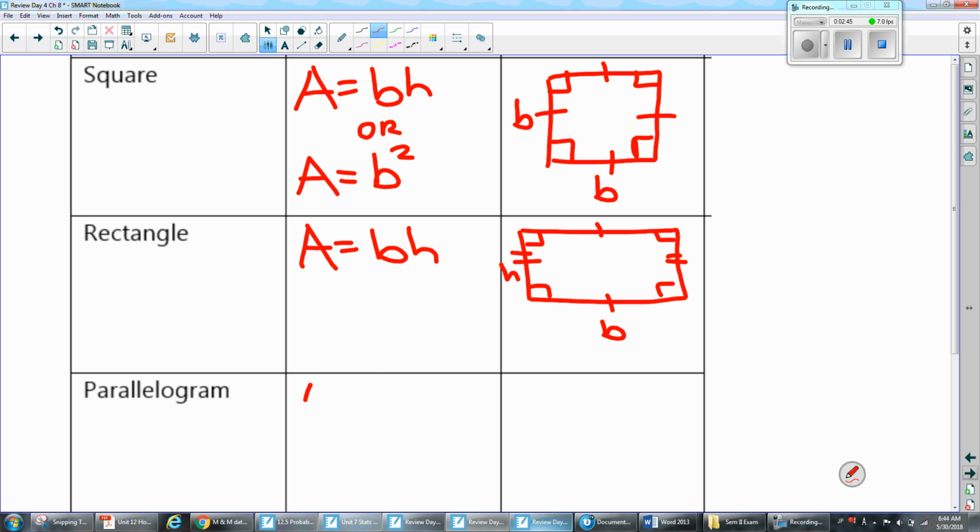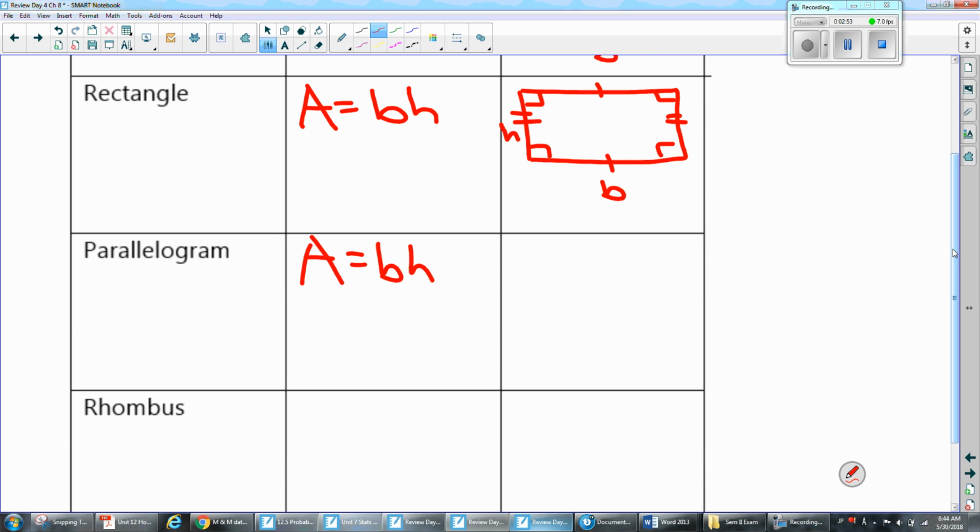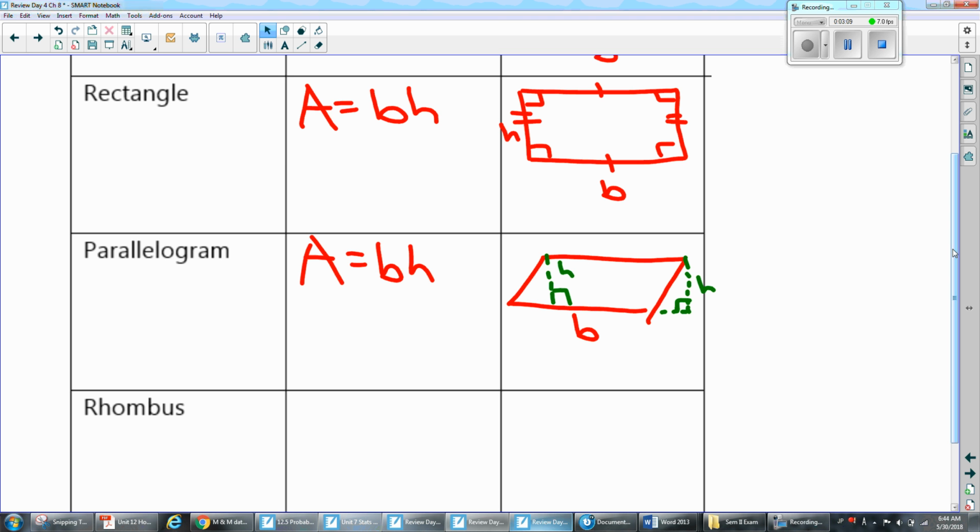Parallelogram again, base times height. But this time, unlike the rectangle, the base and the height are not just the sides of the figure. So since our parallelogram is like a slanted rectangle, here's my base. You could draw on a height perpendicular to that on the inside there. You could put it on the outside of the shape. As long as it's perpendicular to the base, we are not using those side lengths.